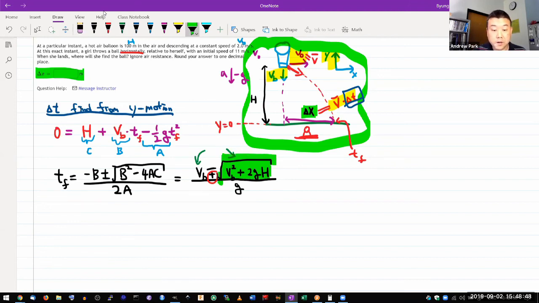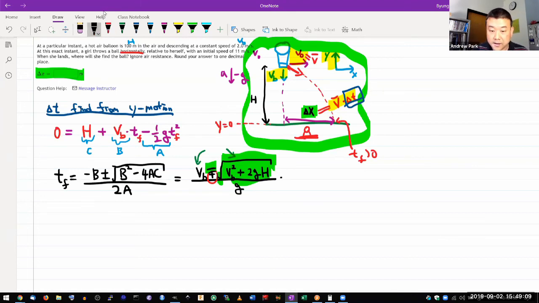So the size of this number is greater than VB. So if I kept the minus sign, then I get a negative time. You can figure out what that means, but here it seems pretty clear my time final should be positive. So let me just keep the positive sign here.